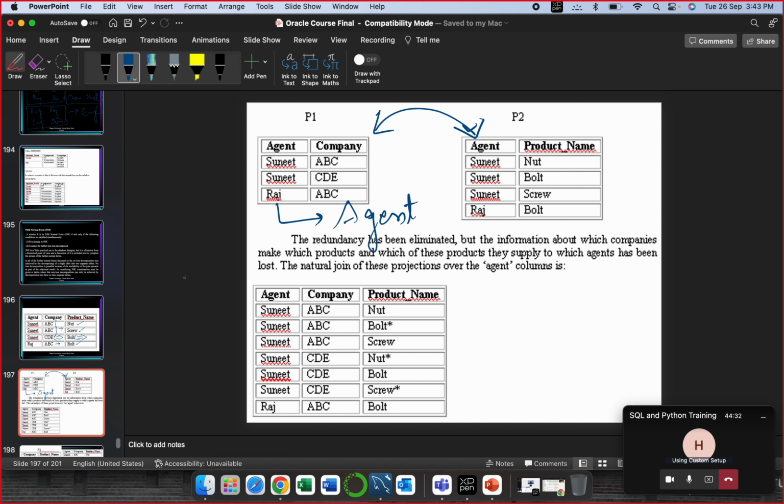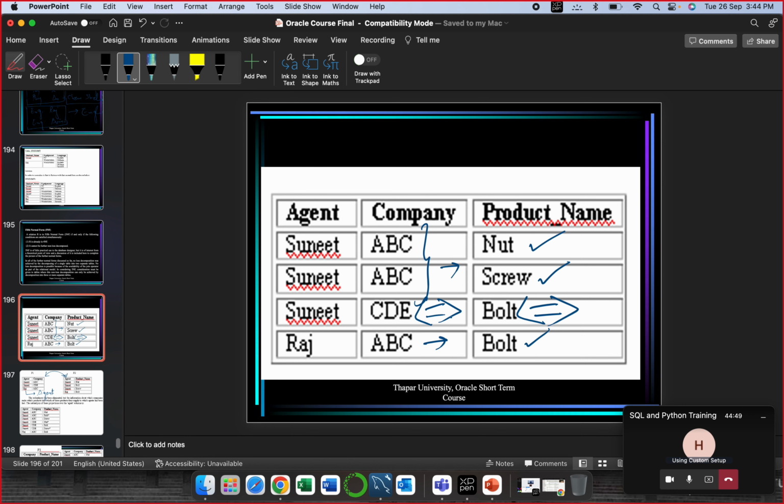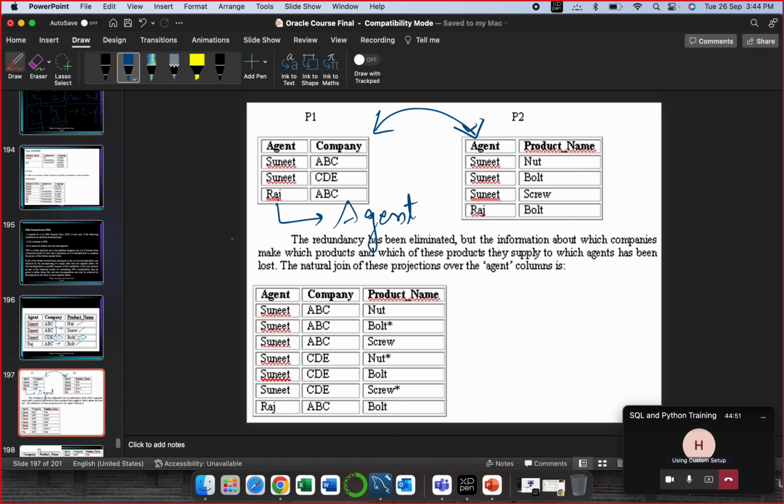If I put an inner join on these tables on the column agent, it will pick up Suneet nut, Suneet bolt, Suneet screw. Whereas CDE company just sells bolts, not nuts and screws. So, if I am joining these two tables, are you getting my point?